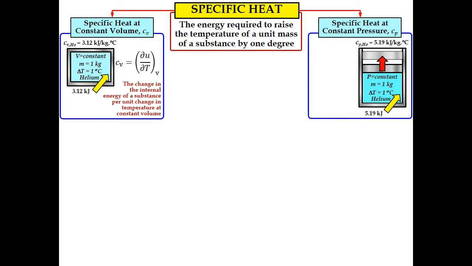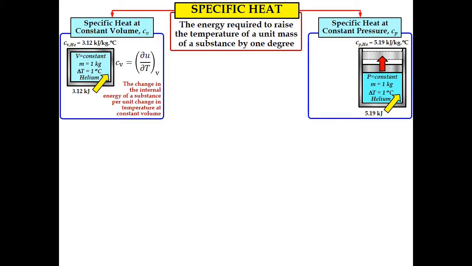And let's say the mass is equal to 1 kilogram, and the gas is also the same, which is helium, for example. We want to know how much energy we need to supply in order to increase the temperature of the helium by 1 degree. Here the amount of energy we need to supply to increase the temperature of helium gas by 1 degree Celsius is 5.19 kilojoule.